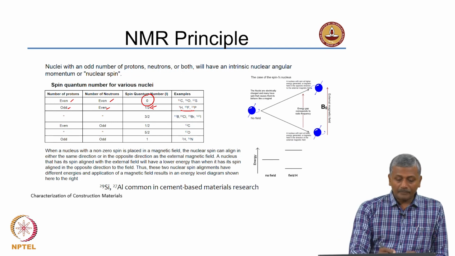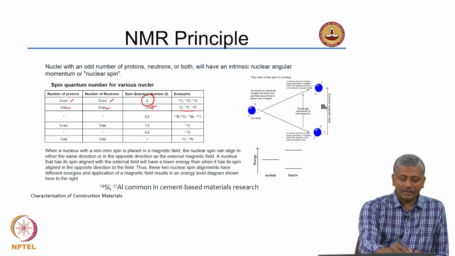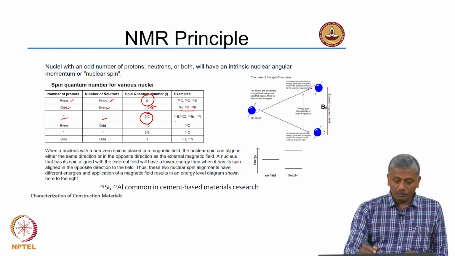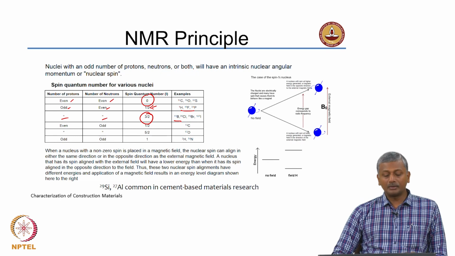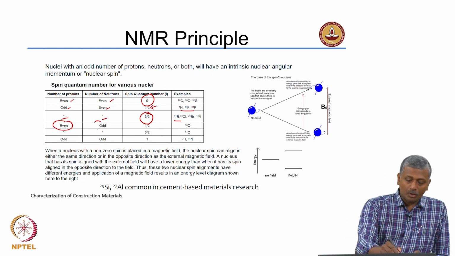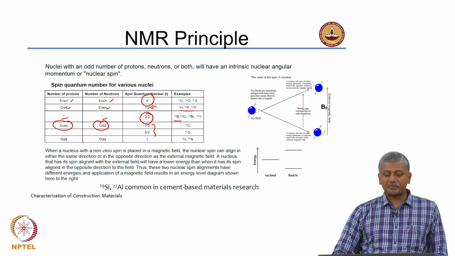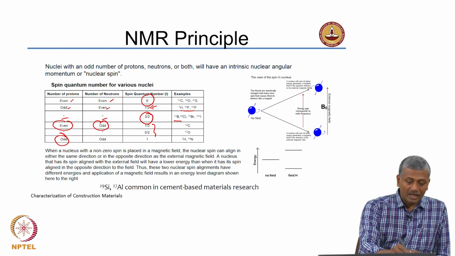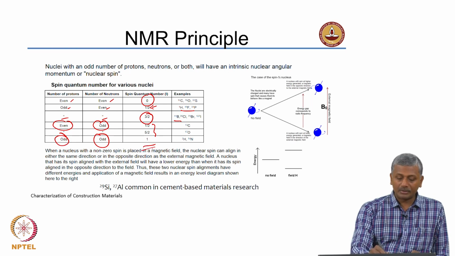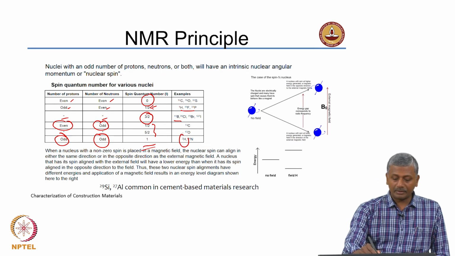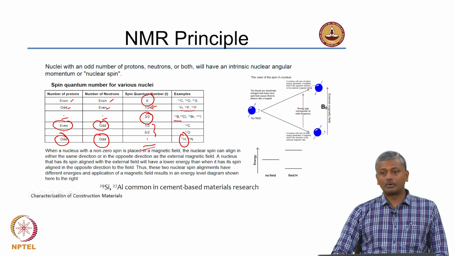Now, if there is a greater imbalance, with odd and even combinations, you can have a higher spin quantum number, 3/2 for example, in the case of boron, chlorine, bromine, iodine, etc. You can also have an even number of protons and odd number of neutrons generating similar spin quantum numbers. And in some cases you have an odd number of protons and neutrons, and you get a spin quantum number of 1, like in the hydrogen molecule or in the nitrogen molecule.